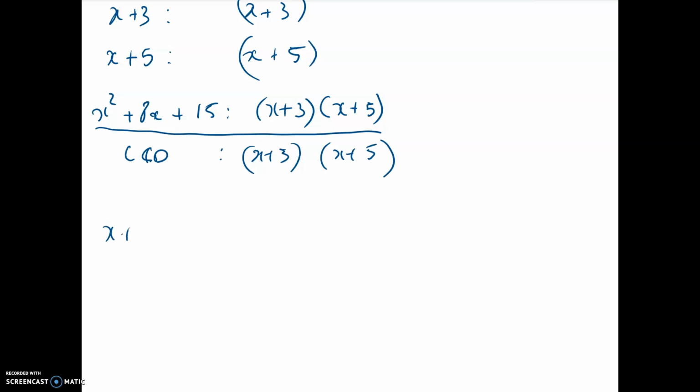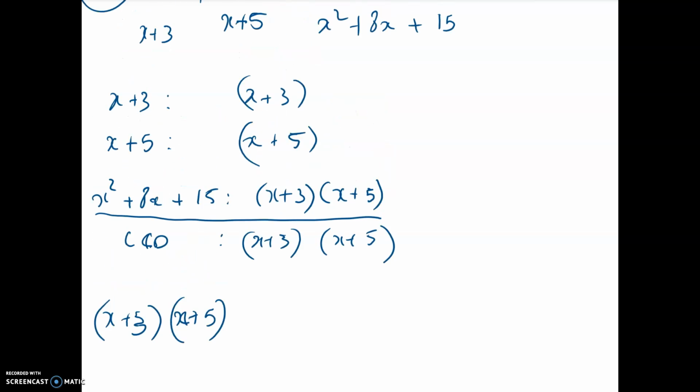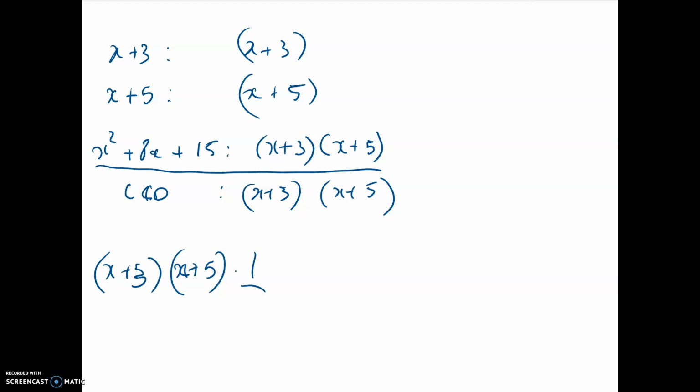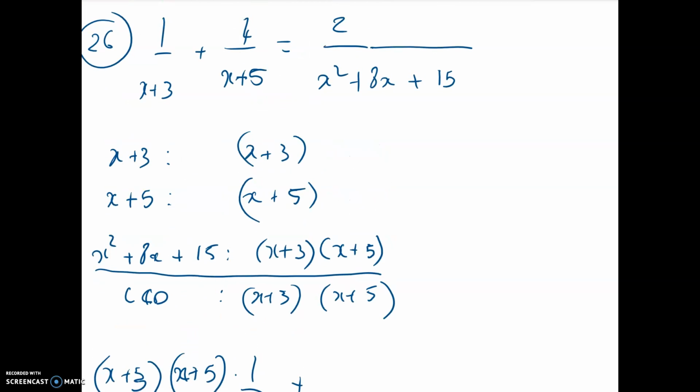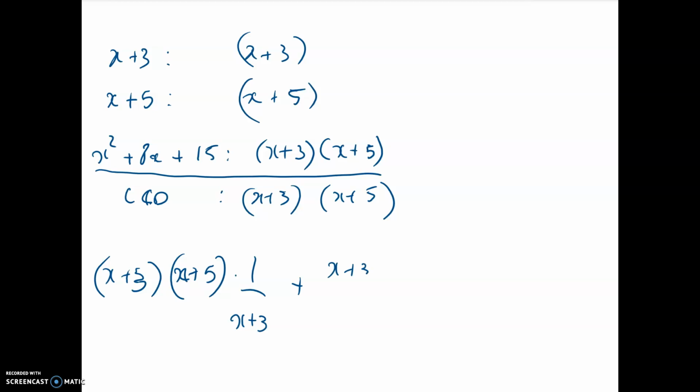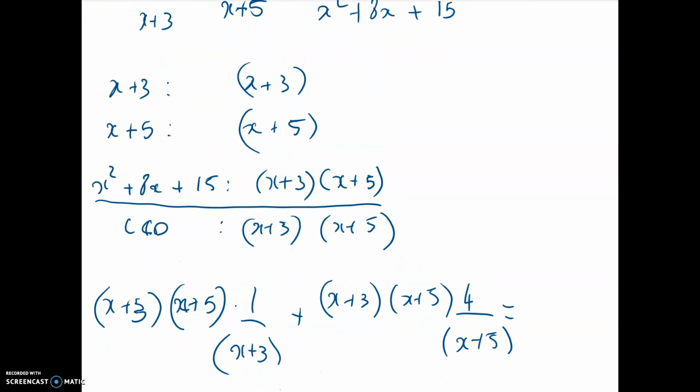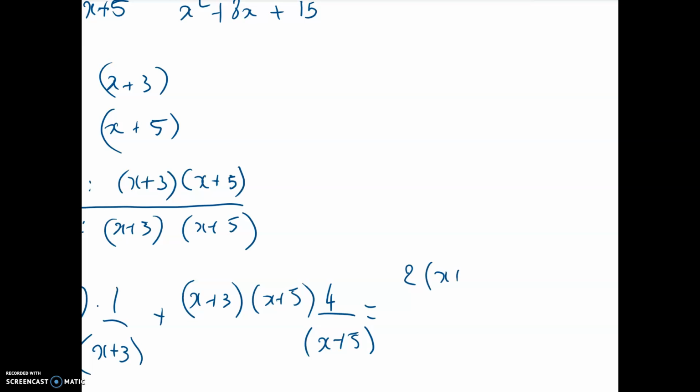So you multiply both sides by x plus 3 times x plus 5: multiplied by 1 over x plus 3, plus x plus 3 times x plus 5 times 4 over x plus 5, equal 2 times x plus 3 times x plus 5 over x squared plus 8x plus 15.